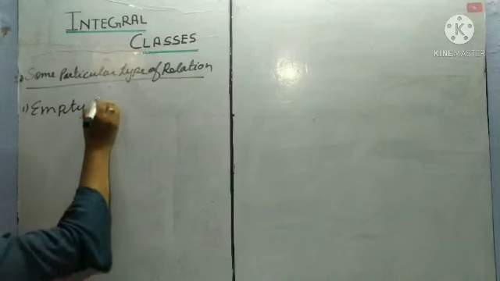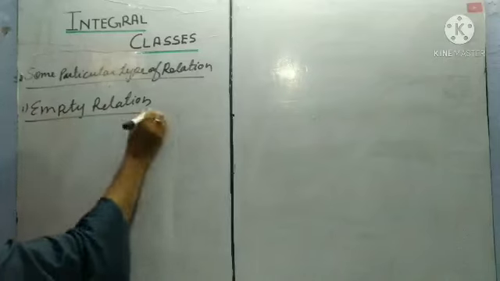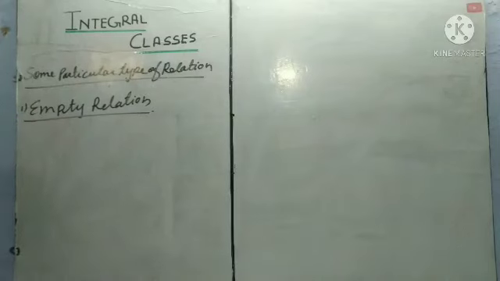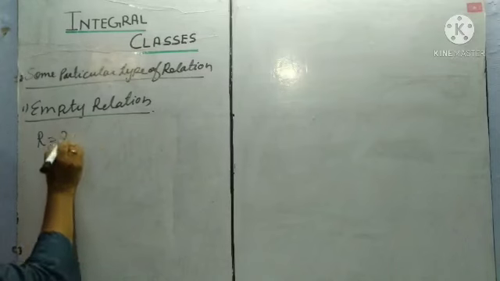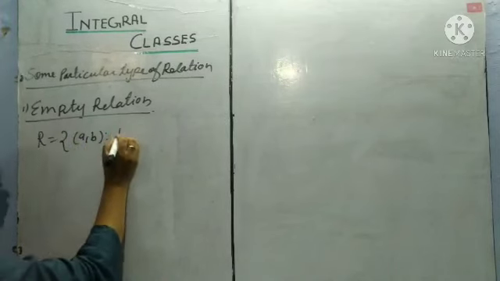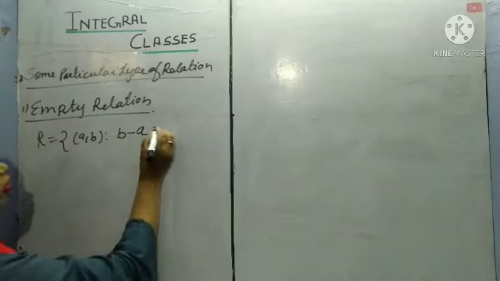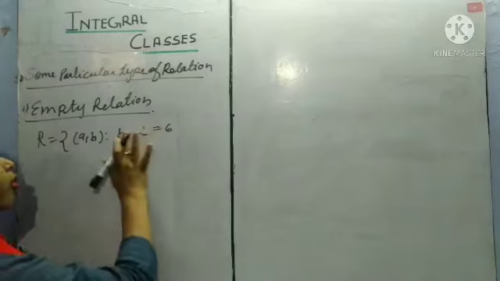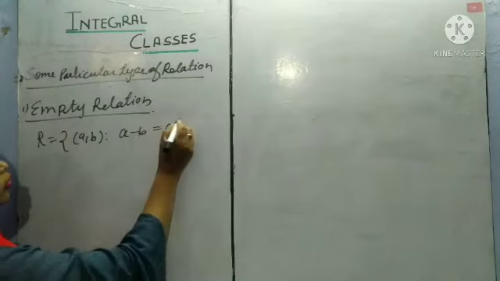In an empty relation, suppose we have given a relation R, (a, b), where b minus a equals 6, or we take a minus b equal to 6.